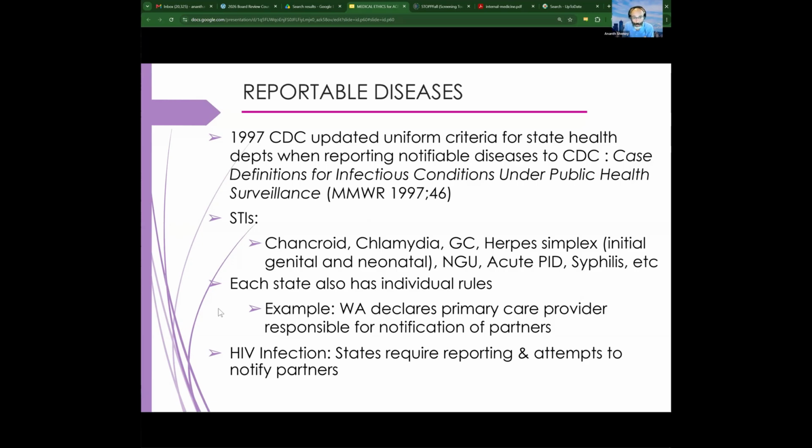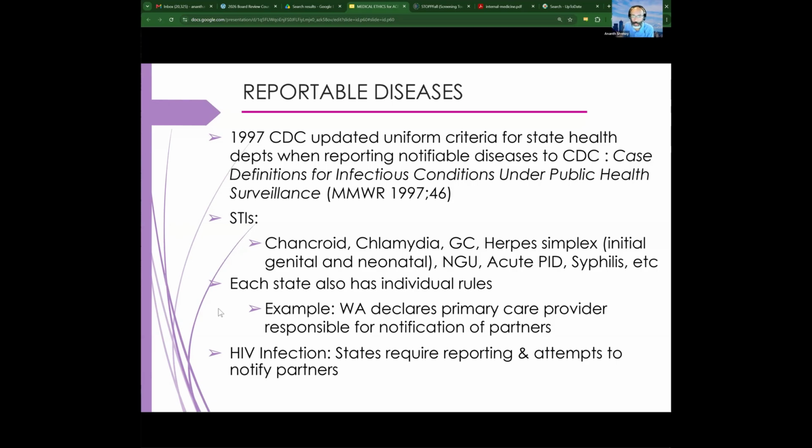In Washington, where probably most of you are right now, and where many of you will be practicing, Washington has said that the primary care clinician is responsible for the notification of partners and the notification of the state. Depending on the medical group you are part of, there may not be a process to do that if you're in your own group or starting your own practice, and it behooves you to learn this so that you are doing it appropriately.